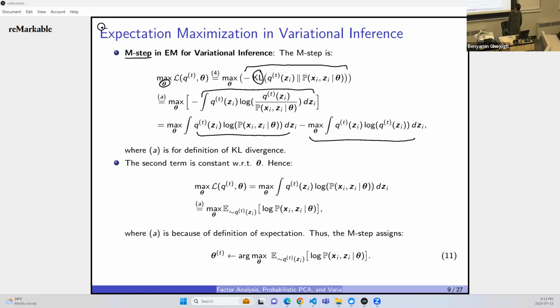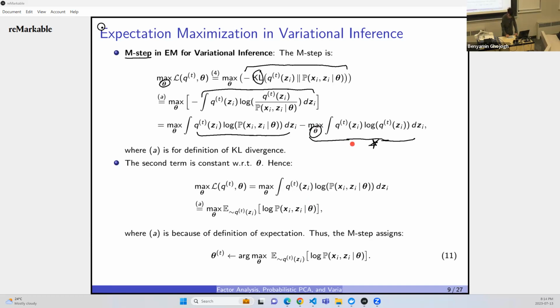Now this second term here is constant with respect to theta. We are maximizing with respect to theta, but this is constant, so its derivative becomes 0. I don't need to optimize it because it's constant. Therefore, I can drop it.